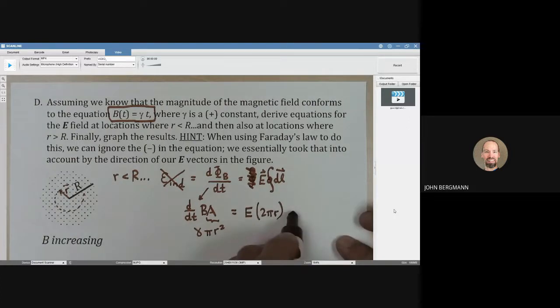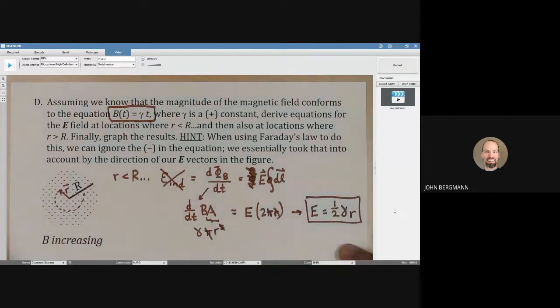And when we solve this for E, what do we get? I see a pi that's canceling. That r cancels one of those, and I think we get 1/2 gamma r. That's the magnitude of the electric field when we are inside big R.